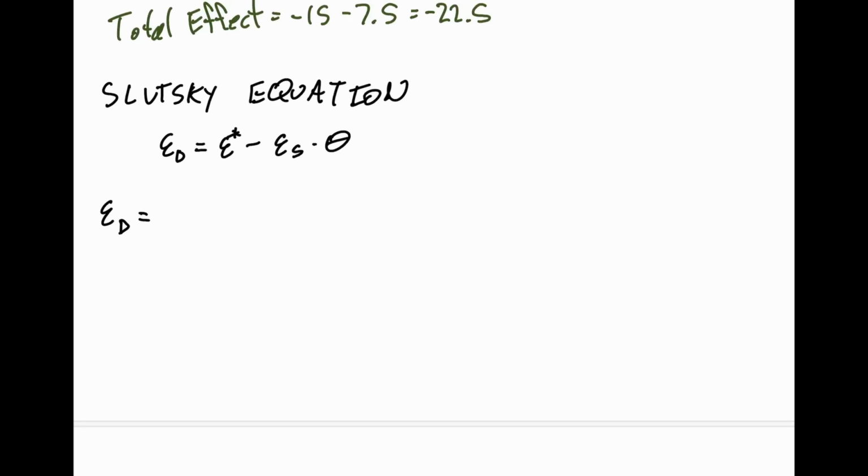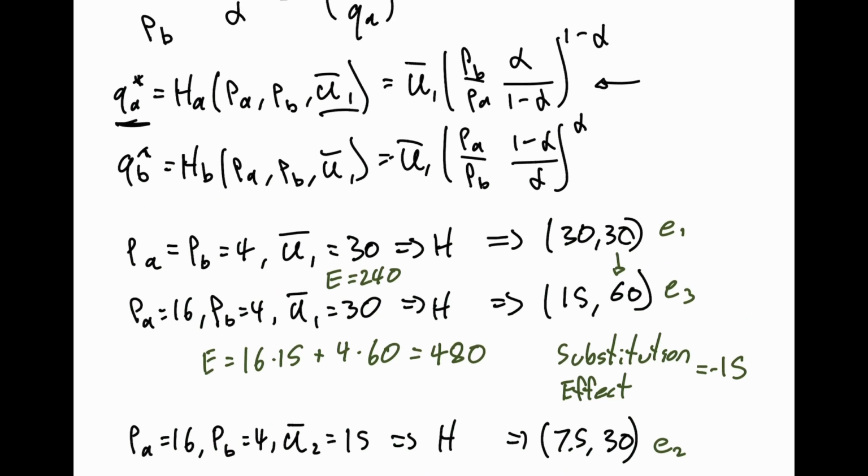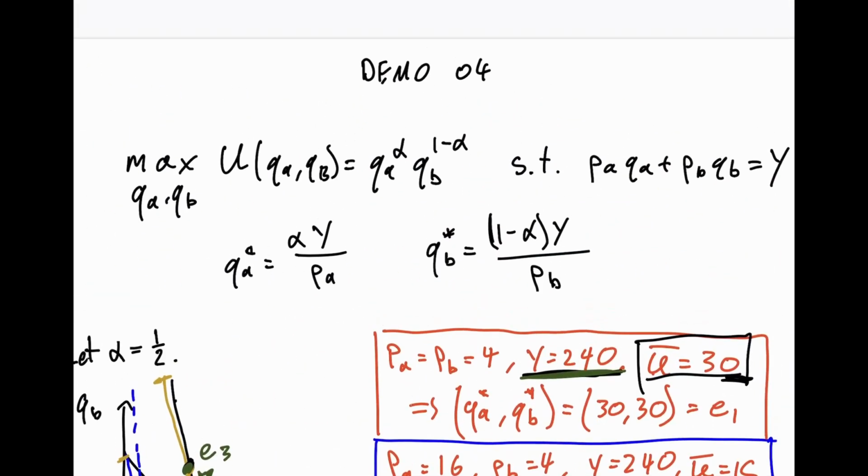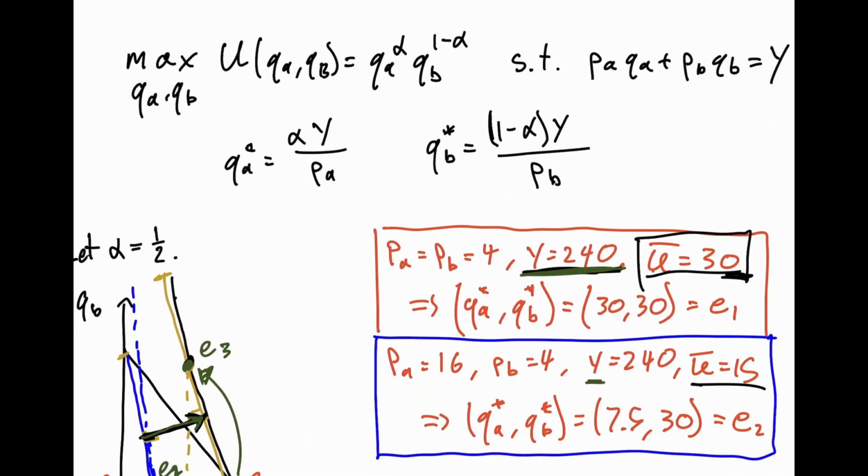Okay, so for the first one, we have the derivative of the demand curve with respect to the price. So let's look at A, and then we multiply that by the price of A over the quantity of A. So that's going to be negative 1/2. So we go back up to the demand curve here.